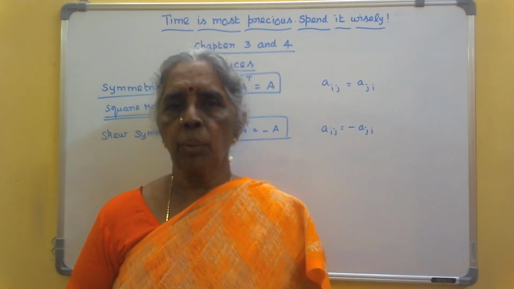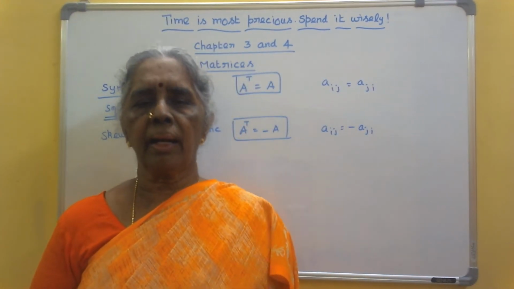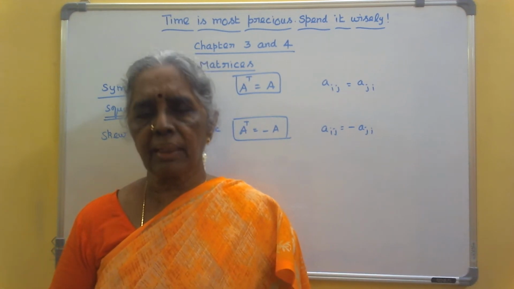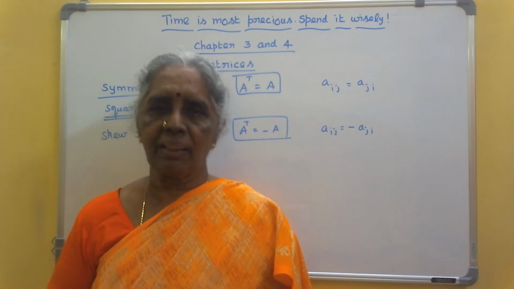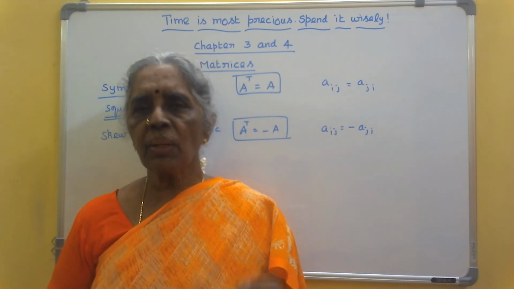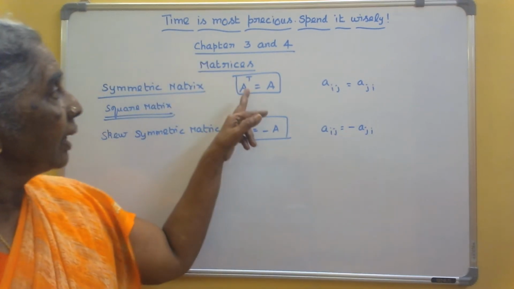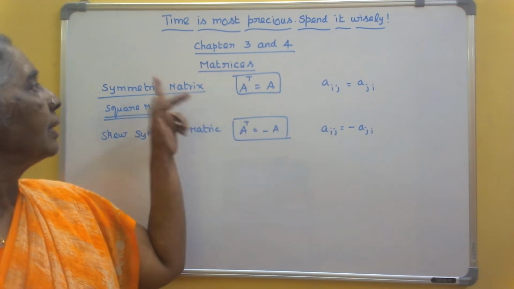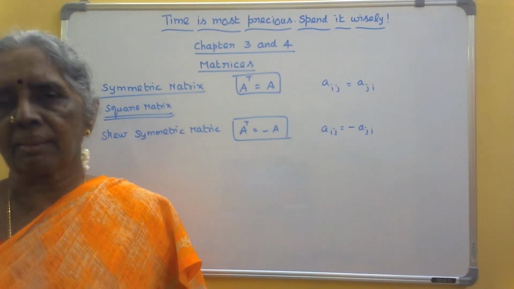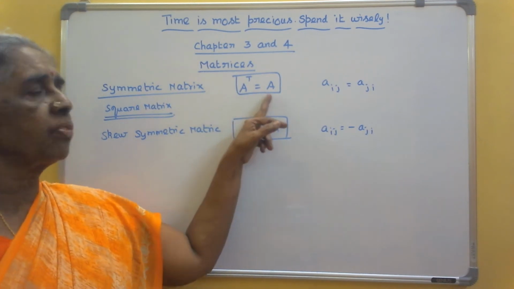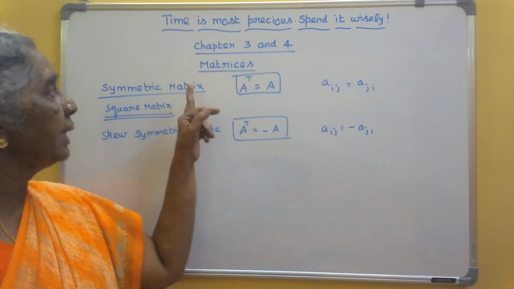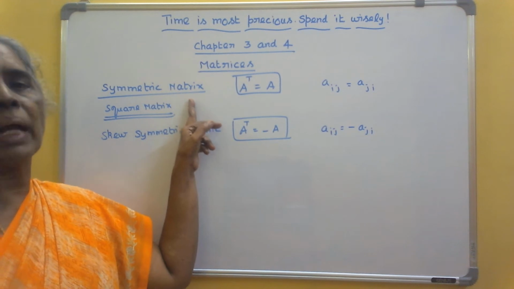Let us learn about symmetric matrix and skew symmetric matrix. First condition, it should be a square matrix. If a square matrix has A^T equal to A, that is called a symmetric matrix.